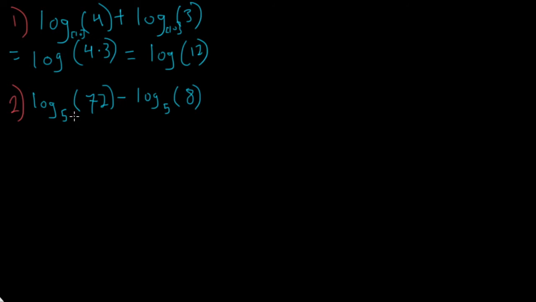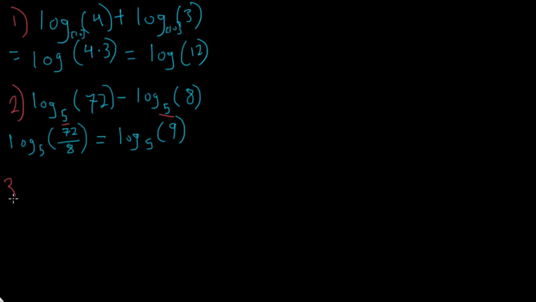First question you should have asked is, do they have the same base? Which they do, so that means we can work with them using our rules. So we bring these together, and we get log base 5 of 72 divided by 8. And we know, of course, that 72 divided by 8 is 9. And that's your answer, log base 5 of 9. That's simplified.